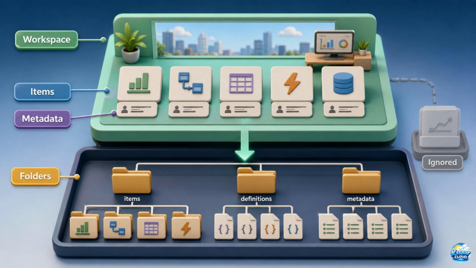This structure is powerful, but it also means teams should avoid casually editing generated files without understanding the impact. Unsupported items can exist in the workspace, but they are ignored by Git and cannot be committed or updated through Git integration. That behavior must be considered when designing CI/CD for mixed Fabric workloads. Teams should also remember that Git integration exports item definitions, not the underlying data stored inside Fabric workloads.